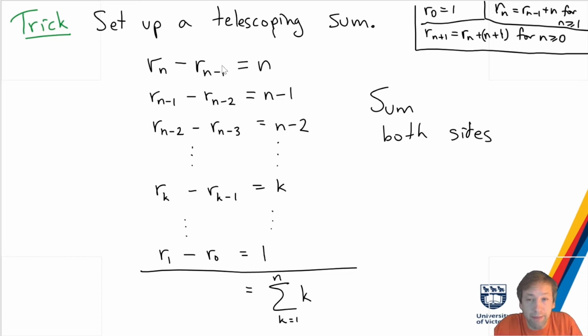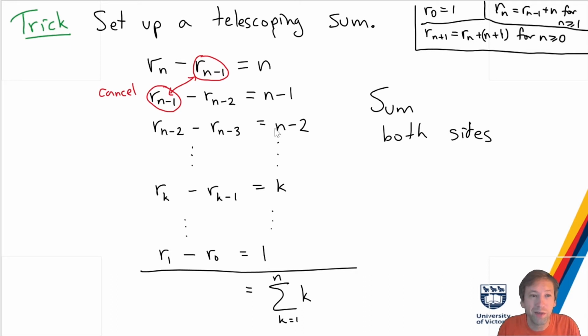The cool thing is what happens when you sum the left side. You get a bunch of cancellation, basically. You see, here I've got an R_{n-1} being subtracted, and on the next line I have an R_{n-1} being added. So these are going to cancel when I add them up.